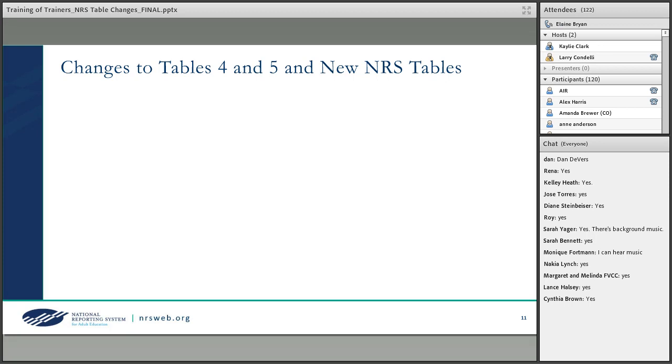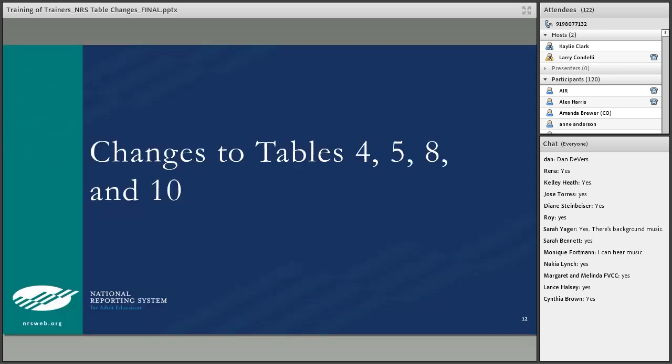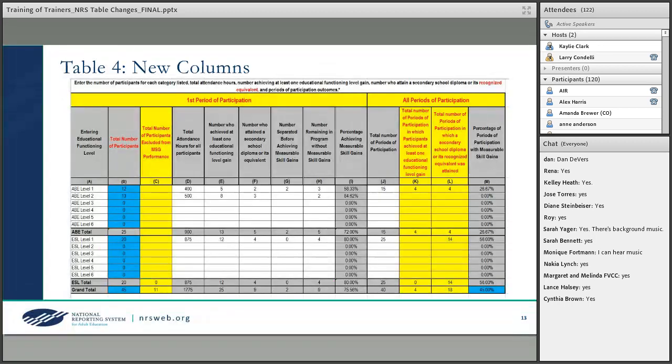So let's start with the changes to Table 4. Move ahead on the slide. Next slide. Okay, so here's what the Table 4 that you'll be using beginning reporting for 2019 looks like. I've highlighted in yellow what has changed.